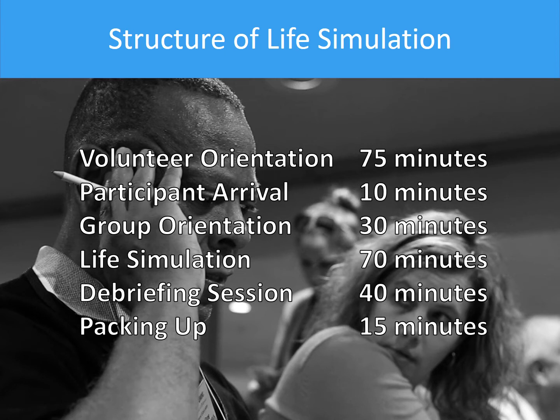When the simulation commences, it then takes about 10 minutes for the participants to pick up their new identities and find their household unit. The group orientation takes around 30 minutes and the actual life simulation takes around 70 minutes. Immediately the simulation concludes, there is a debriefing which runs for around 40 minutes. It then takes about 15 minutes to pack up.